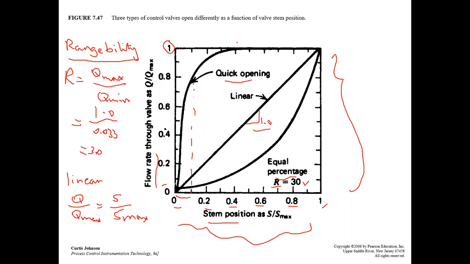And we have the formula for equal percentage: Q is equal to Q minimum times R to the power S over S max.